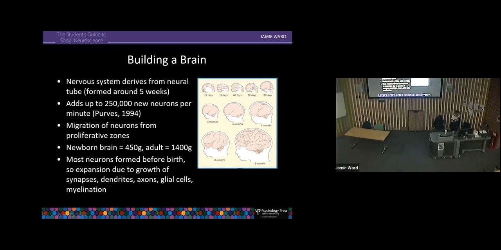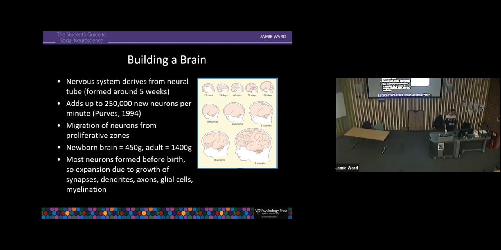But this is the trajectory of physical brain development. You only start to see the folds appearing in the months before birth. But at some point you've got rapid acceleration of the number of neurons. At some points you've got 250,000 neurons being formed per minute at certain early stages of life.